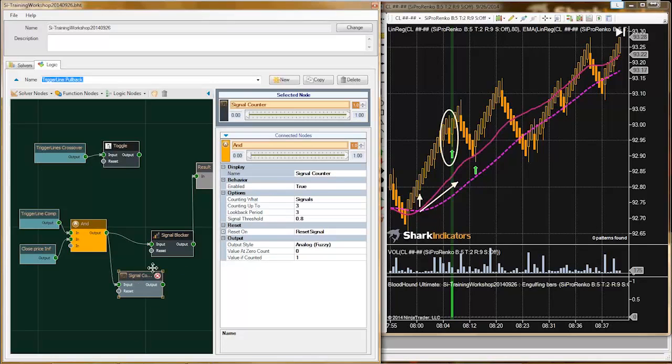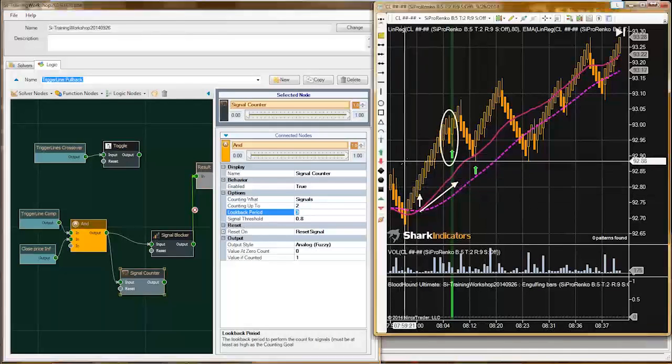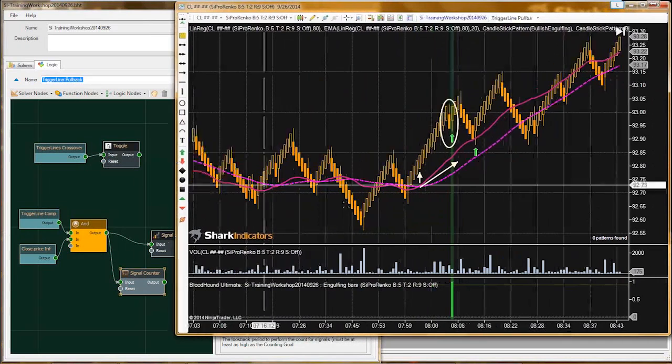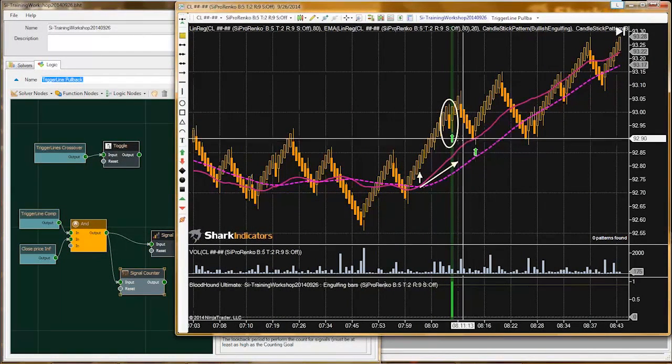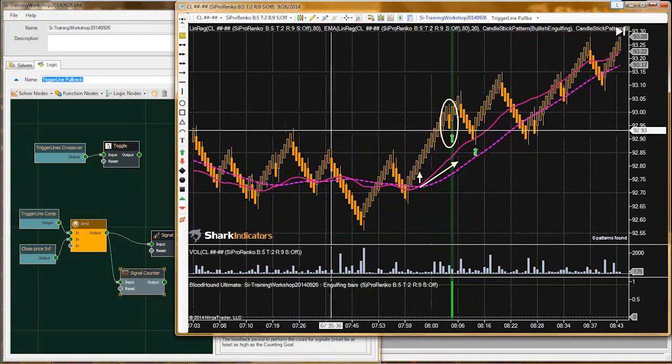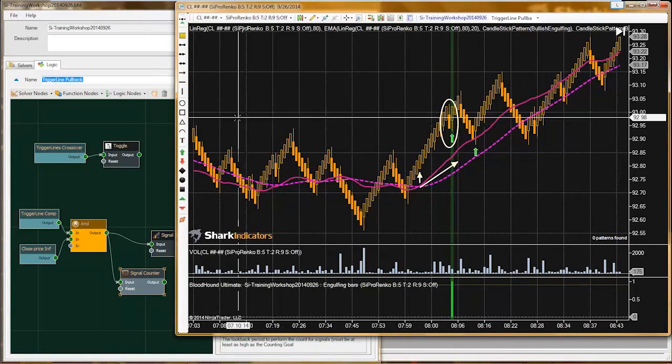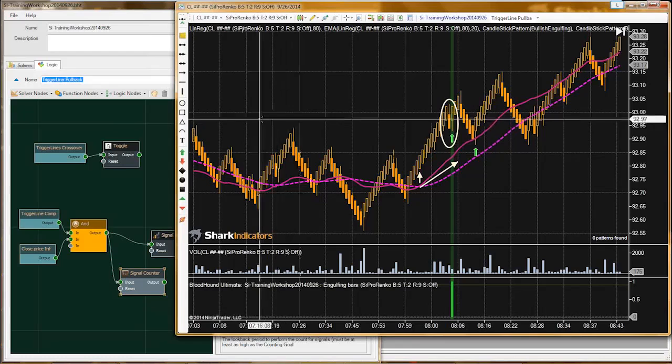Okay, so I'm just going to start and set up some initial settings on our signal counter. So we want to count up to 2 signals here. And our look back period: what the look back period does is, when you're counting conditions, you have to say how far back you're going to look for this number of conditions to have occurred.